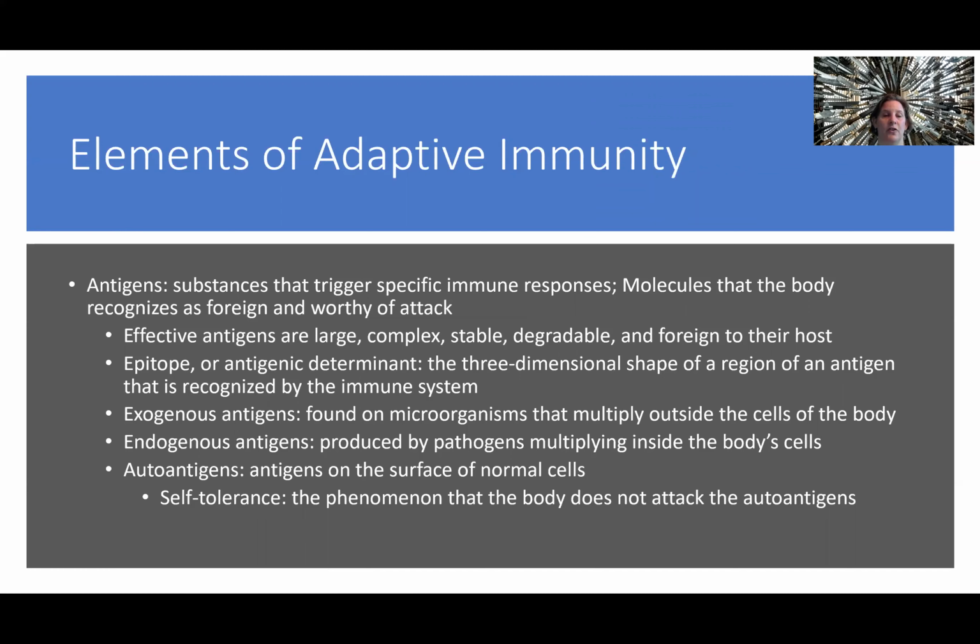Basically, our cells are covered by different glycoproteins and proteins, and so we have this process of self-tolerance. So our body does not attack the autoantigens. Now, if you read in chapter 17, it talks about when that actually goes wrong. When this process of recognition of autoantigens goes wrong is when we see people develop autoimmune diseases. But that's in chapter 17, and we didn't have time to cover that in our semester.